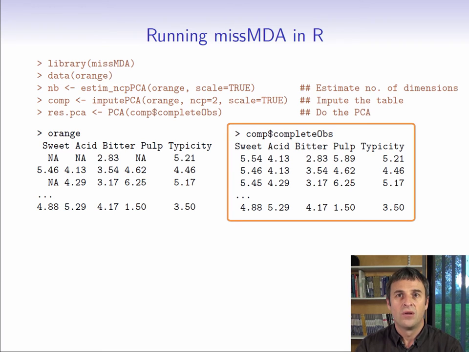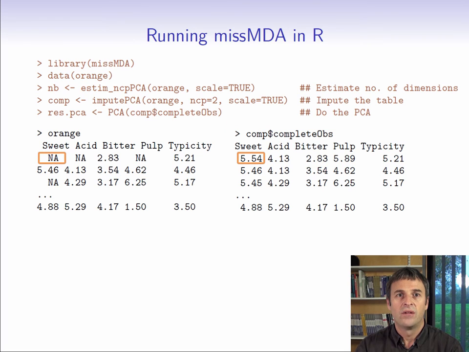If we compare it to the original data, we see that the initial data hasn't changed, and where there was missing data, such as for individual 1 and the suite variable, we now have the value 5.54. This estimate should be better than simply using the mean because we have taken into account the links between variables and similarities between individuals in its calculation.